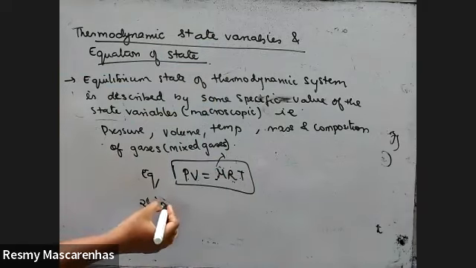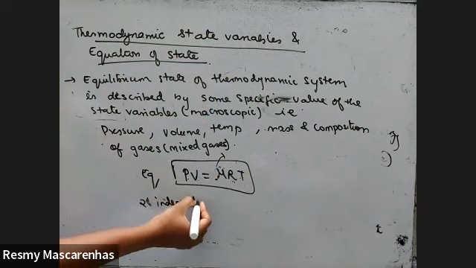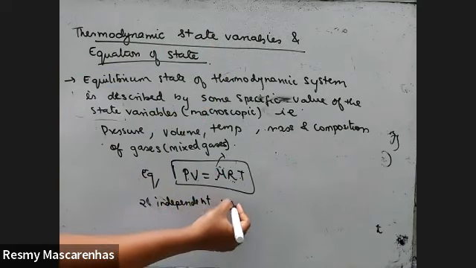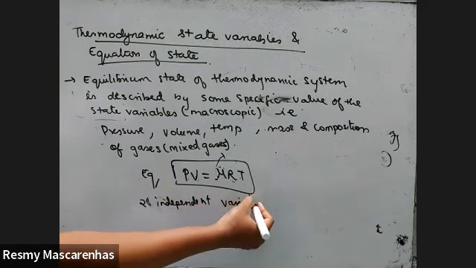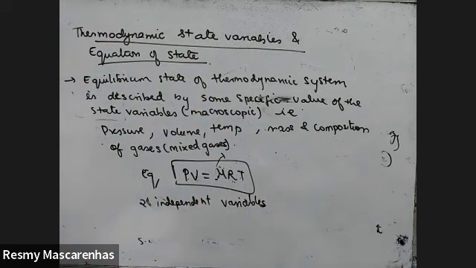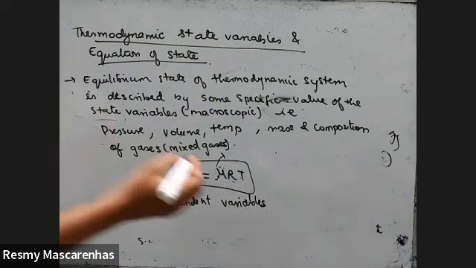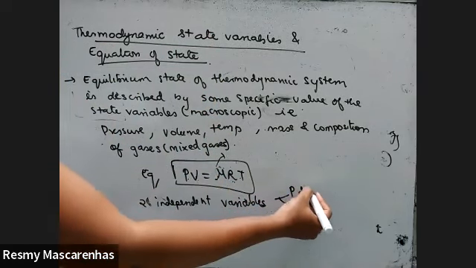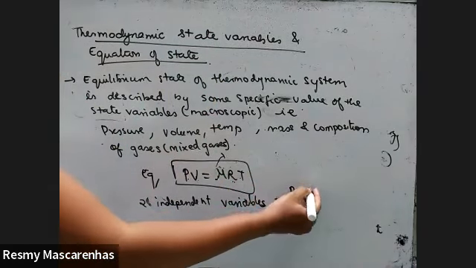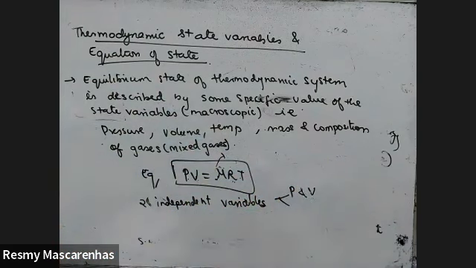So the two independent variables could be pressure and temperature, or pressure and volume, or temperature and volume.